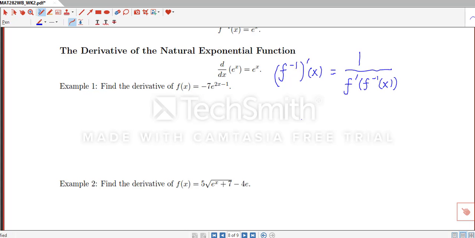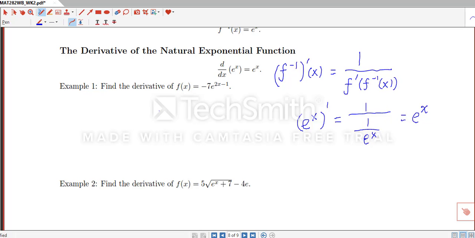Now in this case, f inverse of x is e to the x, and f of x is ln of x. So f prime is 1 over the argument f inverse, which is e to the x. So e to the x is a derivative of itself.